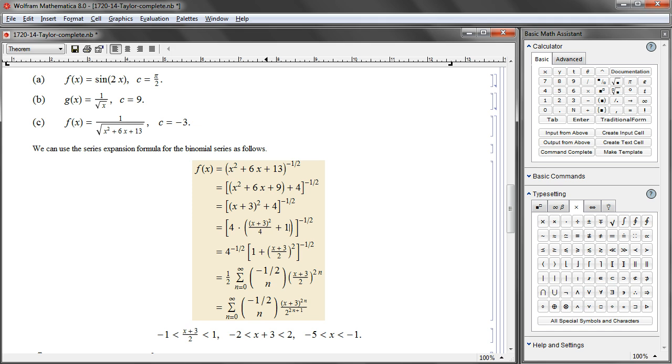So divide everything by 4, factoring those out. And then factoring 4 completely out, we have 4 to the -1/2 power. And inside here, 1 plus this complete square, and we have a binomial. So the binomial expansion applies here: binomial -1/2 choose n, and then this one to the 2nth power. And we have the final result here.